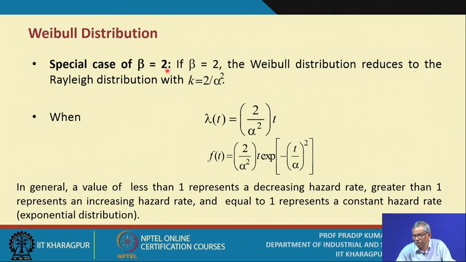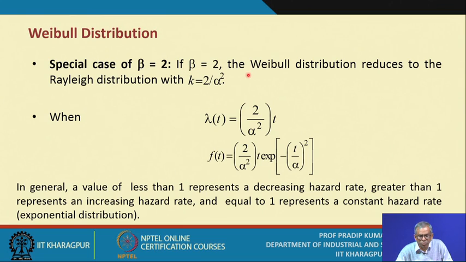Special case of beta, beta equals 2. That means the shape will be changing. If beta is greater than 0, but if beta is equal to 1, the Weibull transforms to exponential.